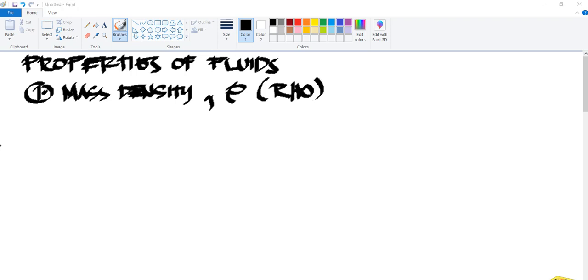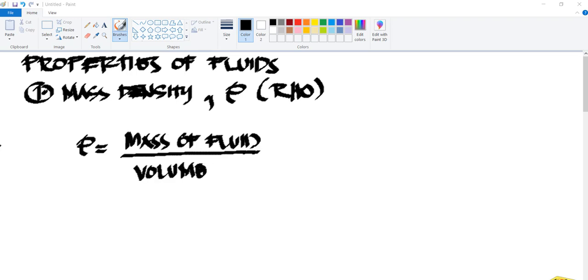And it is symbolized with the letter rho, and it is defined by the equation: the mass of the fluid divided by the volume. We can represent it by the equation where m is for mass and V is for your volume. Now for SI units, it will be in terms of kilogram per cubic meter.